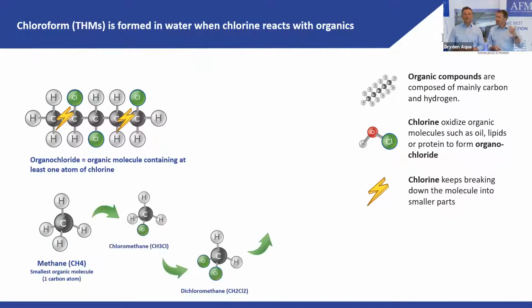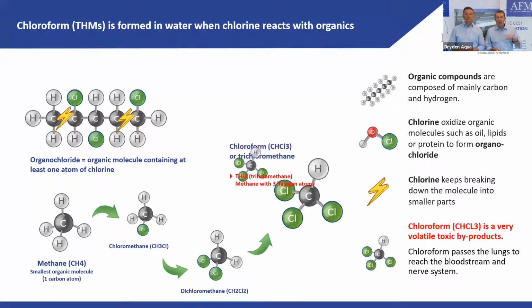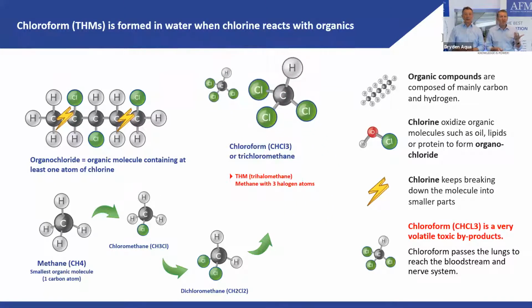They will then continue to react with chlorine, a substitution reaction, forming chloromethane, dichloromethane, and ultimately chloroform. So we're forming chloroform, which gases out of the water. Henry constant 185. Not good.